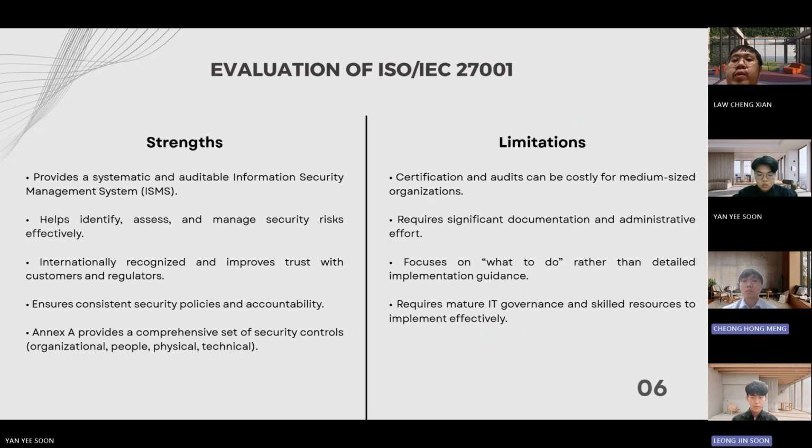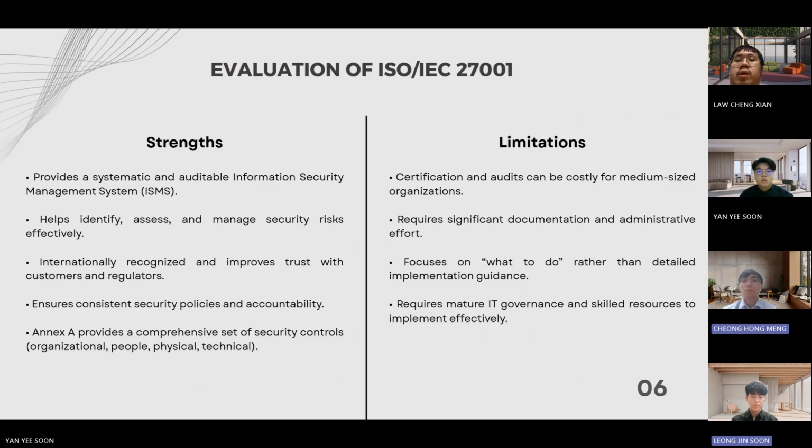Hi, sir. My name is Yong Jin Sun, and I'll be explaining the evaluation of ISO/IEC 27001. The strength of ISO/IEC 27001 lies in its ability to provide a structured and auditable information security management system, also known as an ISMS.